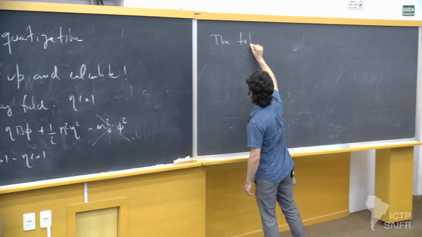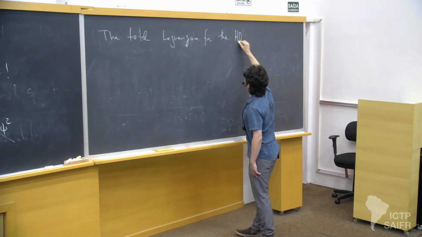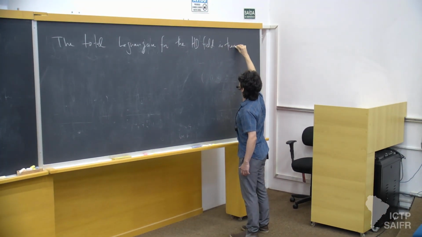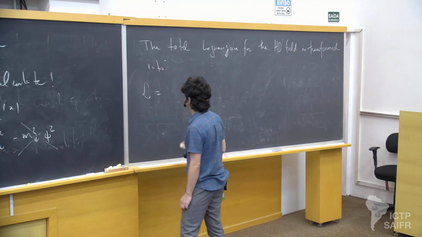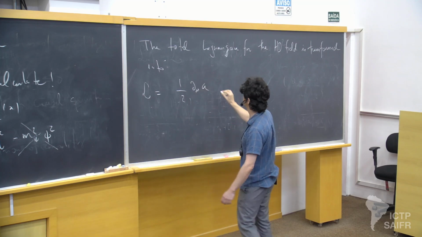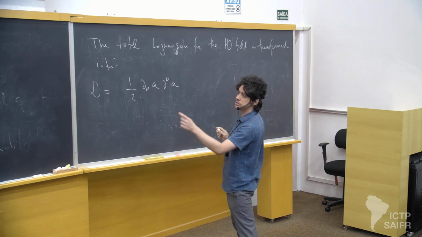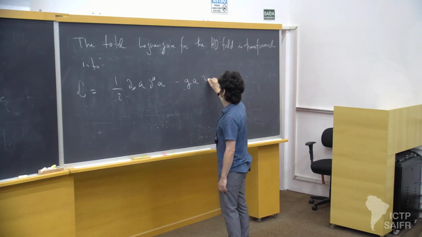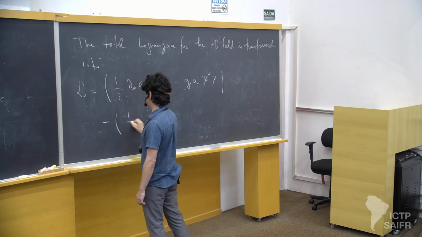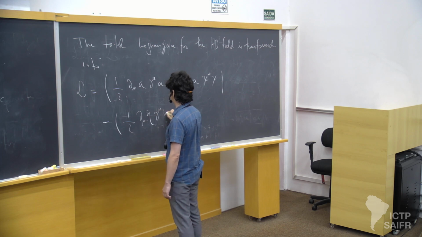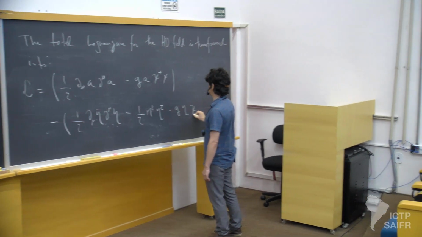So the total Lagrangian for the higher derivative field is transformed, after these definitions, into a normal scalar field, which I call A. It doesn't have a mass, but it has the interaction term, minus G, A, K dagger K. And another field, with a minus sign in its part of the Lagrangian: eta box eta minus m square eta square, minus G eta K dagger Q.